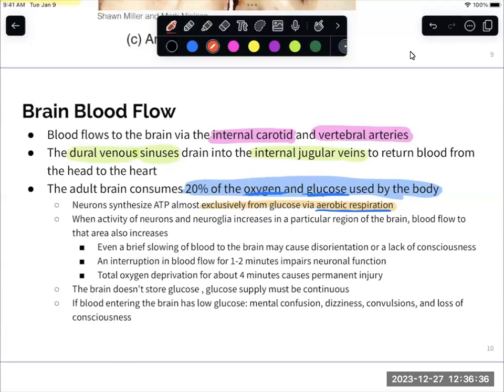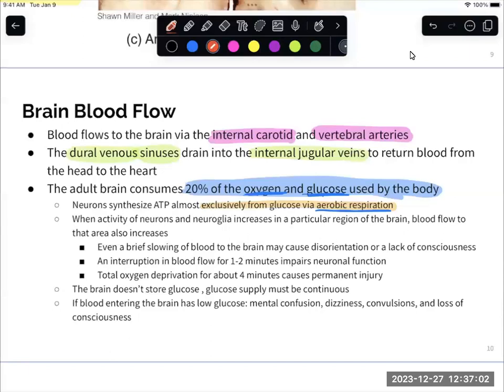When the activity of the neurons and those neuroglial cells, those support cells to our neurons, increases, so does the blood flow to that area. A brief slowing of blood to the brain can cause disorientation or lack of consciousness. It can cause you to pass out.